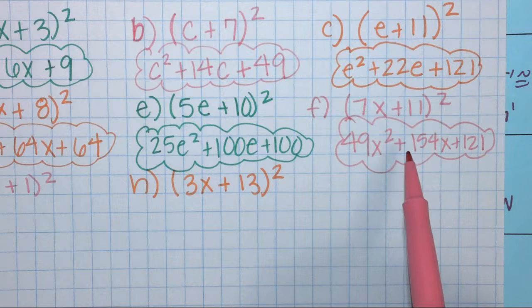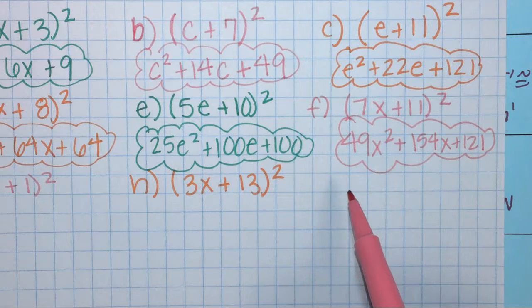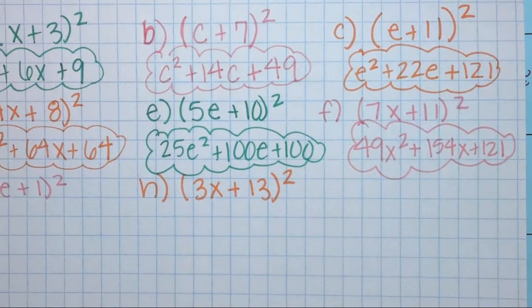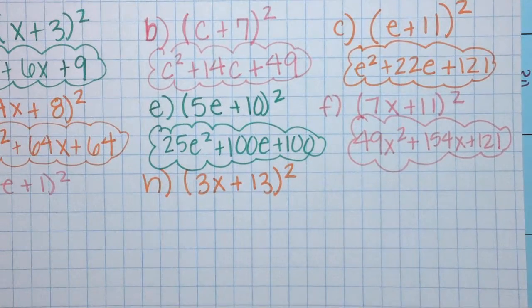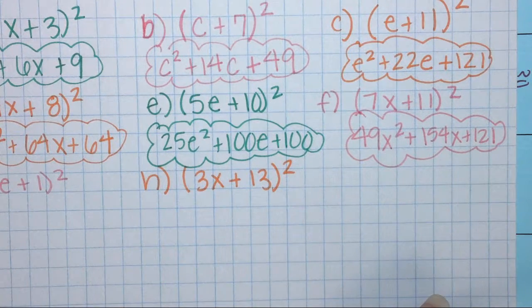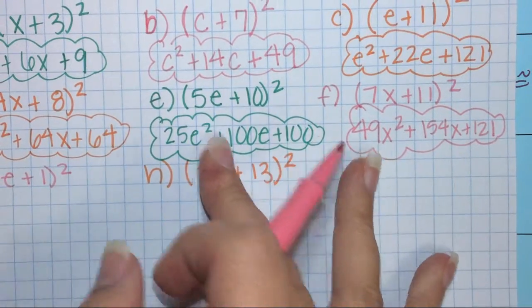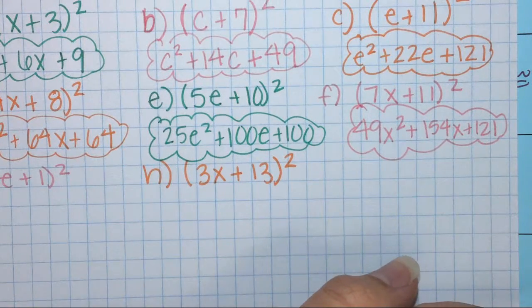How many of us got that right? If 3 people got it right, take another point. Let's look at, does anybody have any questions on E or F? Has everybody fixed their work if they didn't get it right?